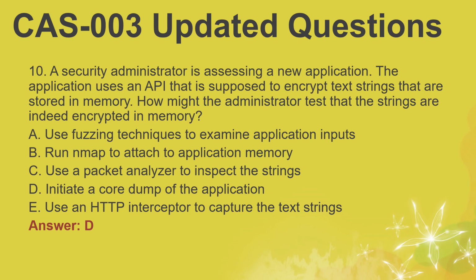B. Run nmap to attach to application memory. C. Use a packet analyzer to inspect the strings. D. Initiate a core dump of the application. E. Use an HTTP interceptor to capture the text strings. Answer, D.